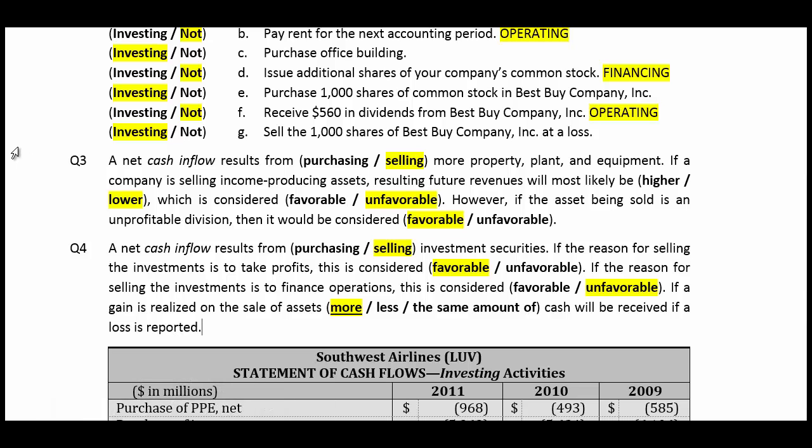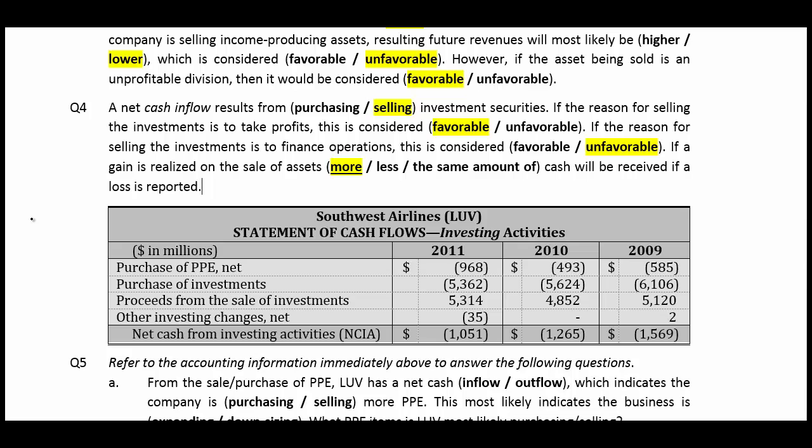Let me show you an example. Let's say that you have an asset on your books for $100, and you sell it for $130, meaning that you have a $30 gain. On the cash flow statement, you're going to record that you received $130. On your income statement, you'll record that you had a $30 gain.